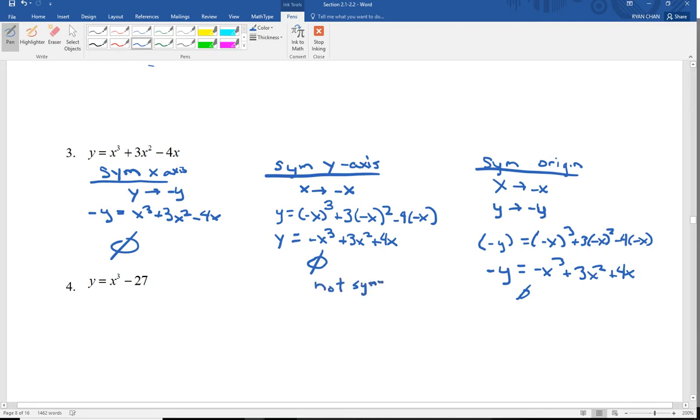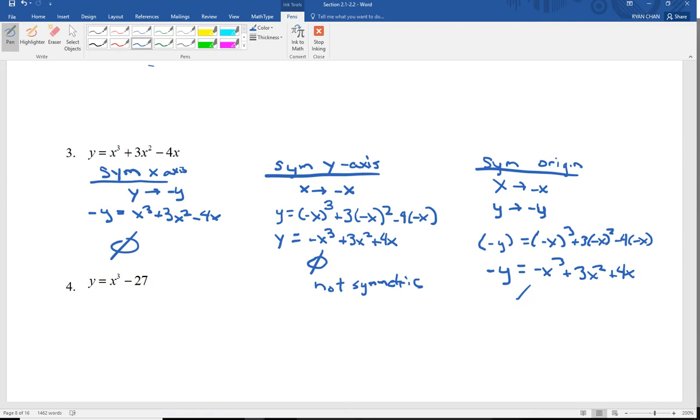Okay. I purposely wanted to do this problem with you because you will have situations where it's not symmetric at all, and that is very possible. So you could have it where it's not symmetric at all, and you may actually have a situation where it might be symmetric in maybe 2 ways, or maybe even symmetric all 3 ways. So just make sure you check all 3.